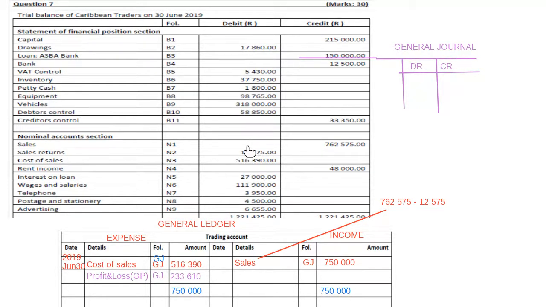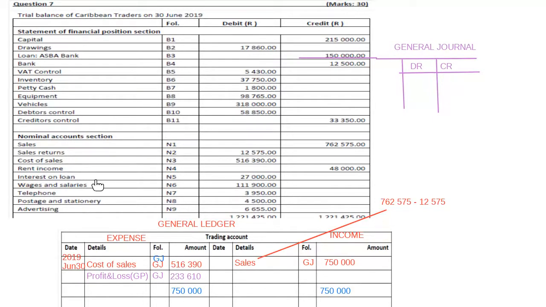If you transfer the sales returns, remember, it means you are taking sales returns to sales. It means the sales returns will decrease. What you need to do is just the opposite of what you did here. Because you took sales returns from the debit, when you go and record on the GJ, you must put it on the credit. So if you put sales returns on the credit, it means you must put the sales on the debit.